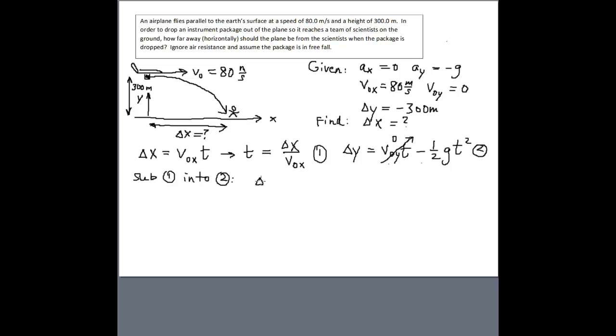That will give delta y is equal to negative half g times t squared. So t is delta x over v0x. That quantity gets squared, and when I do that, I have minus g times delta x squared over 2 v0x squared.